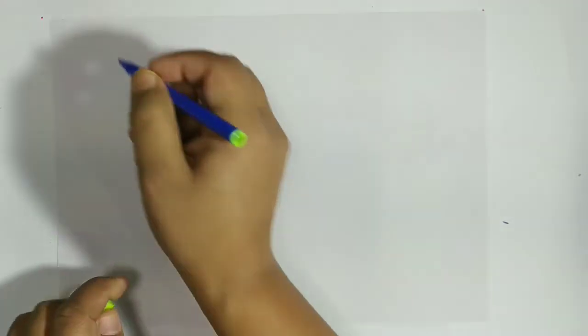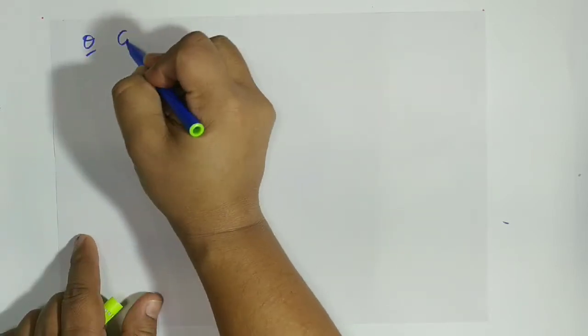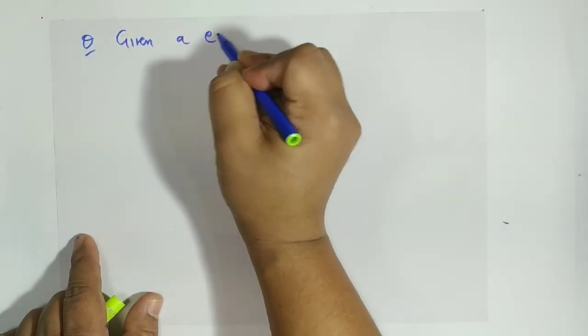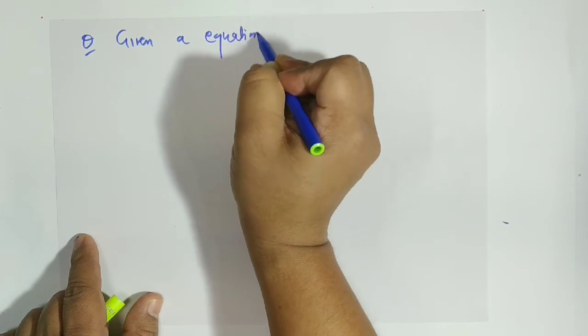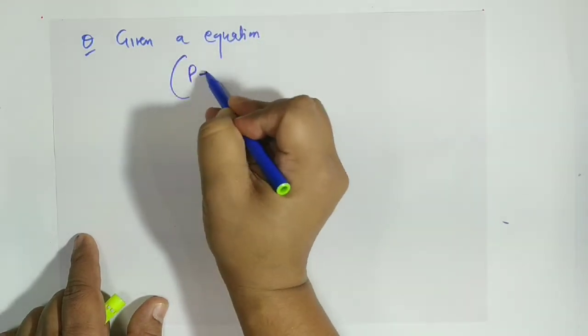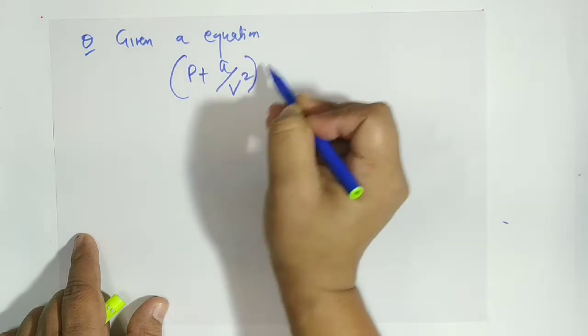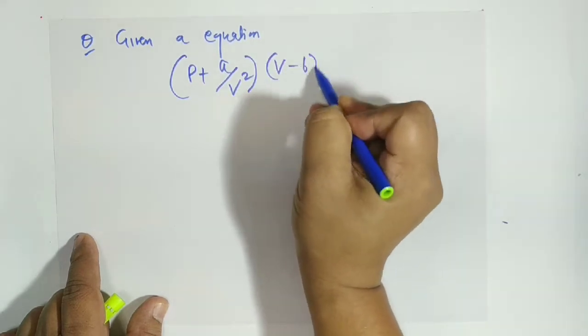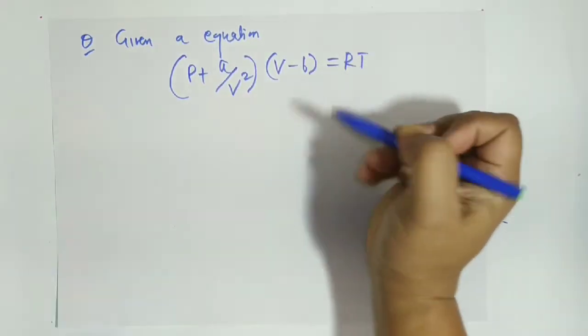Now there is another question, and I am giving you an example. Sometimes you will get a given equation. Some of you may have done it: P plus A by V square, times V minus B, equal to RT.